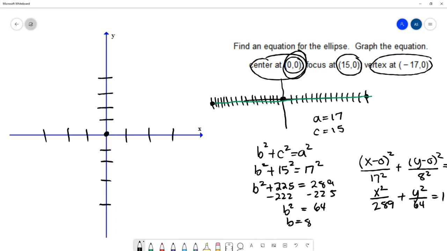I have a vertex at negative 17 and positive 17. So 15, 16, 17 would be about here. Then because b is 8, I'm going to go vertically 8, so just below the 10. And we can sketch the graph of our ellipse using those points.